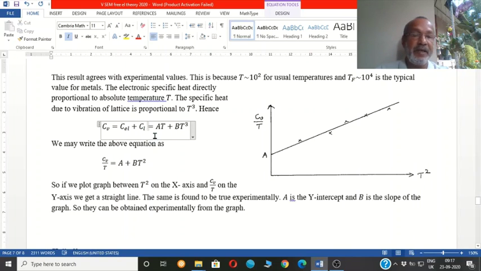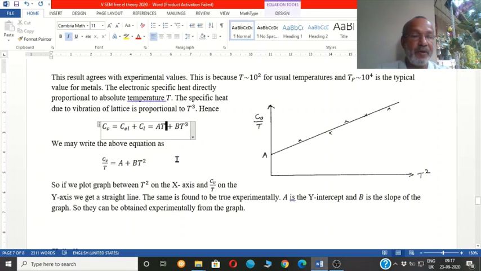Shankar sir will teach you that, and there you can see that the lattice specific heat is proportional to T cube, and electronic specific heat is proportional to T. So total specific heat is equal to some constant into T plus another constant into T cube. It is found that this formula is experimentally correct.